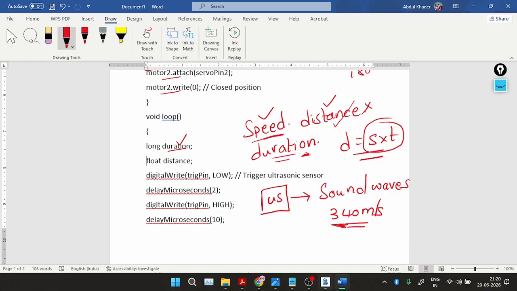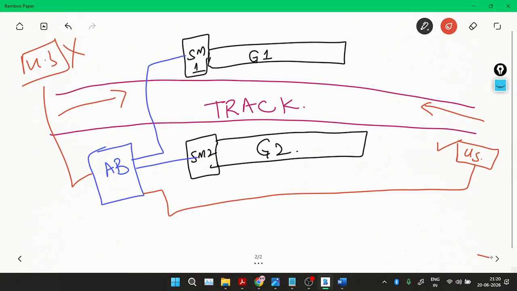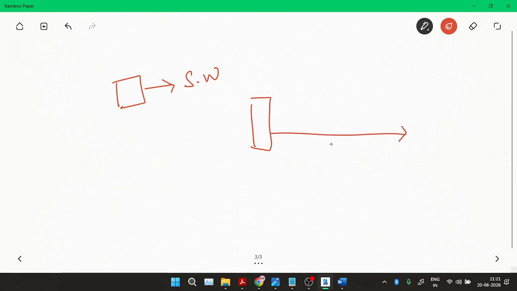Now, how does the ultrasonic sensor work? We know that the ultrasonic sensor works on sound waves. So if you have an ultrasonic sensor here, definitely it is going to transmit sound waves.